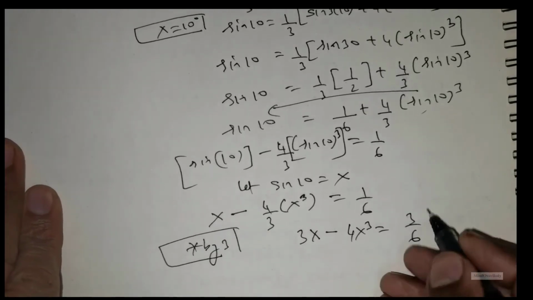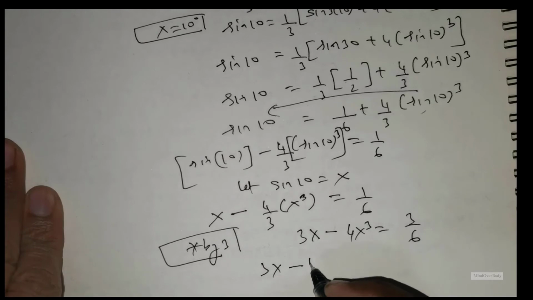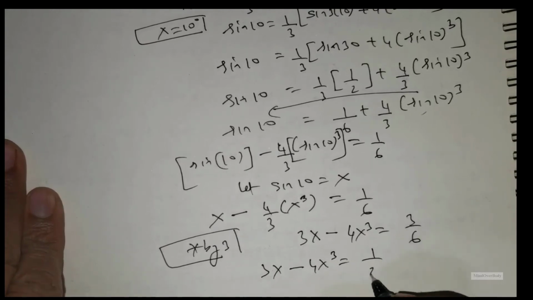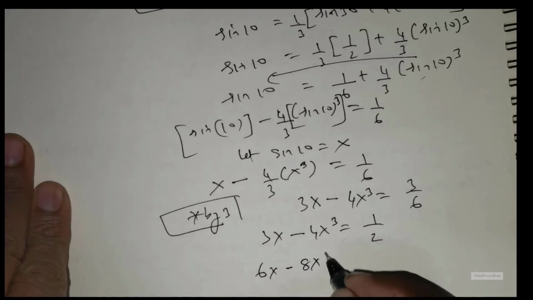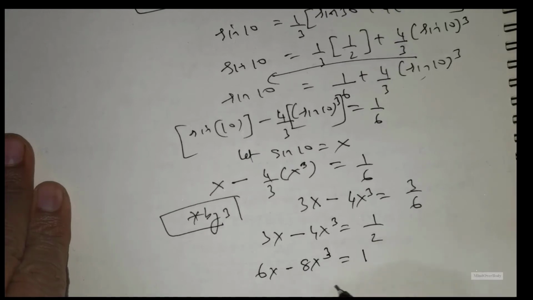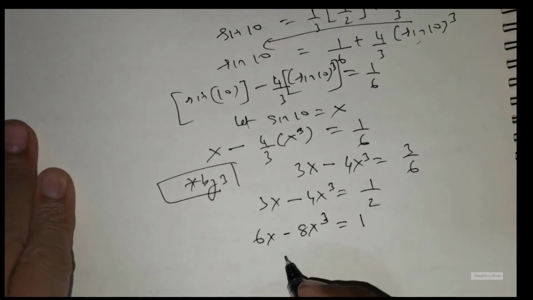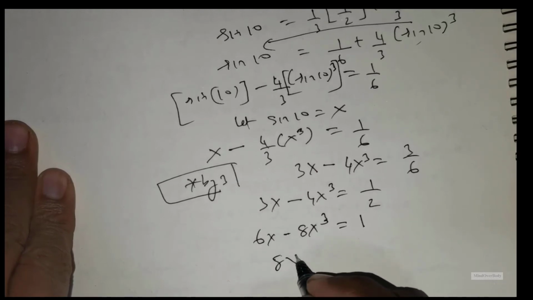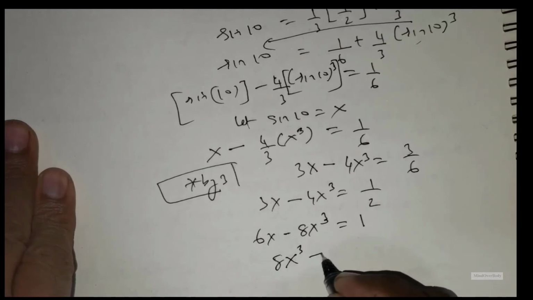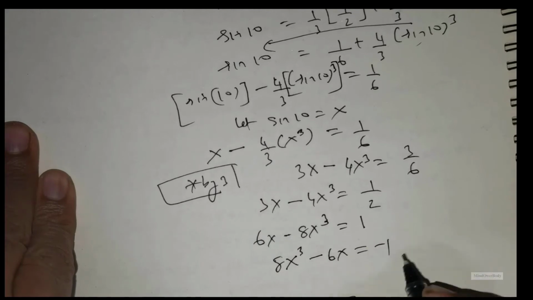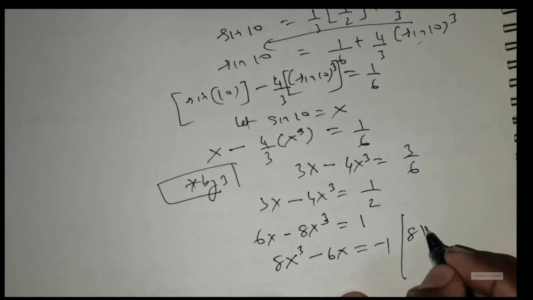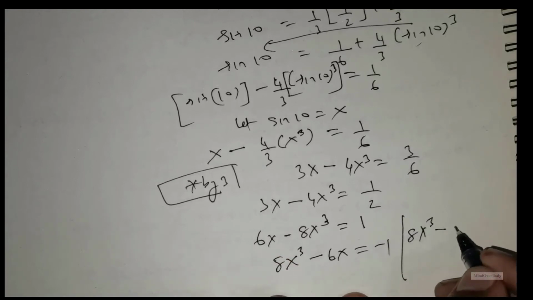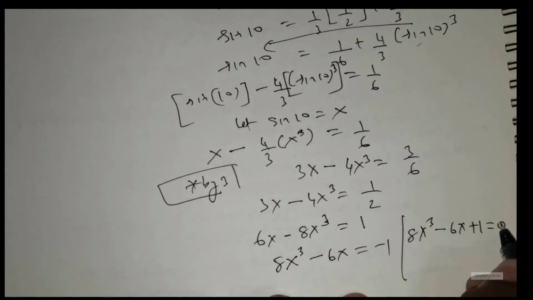So this is going to be 3x negative 4 times x cubed is equal to 1 over 2, which can be rewritten as 6x negative 8x cubed is equal to 1. Multiplying by negative sign, I would get 8x cubed negative 6x equal to negative 1, which can of course be rewritten as 8x cubed negative 6x plus 1 is equal to 0.